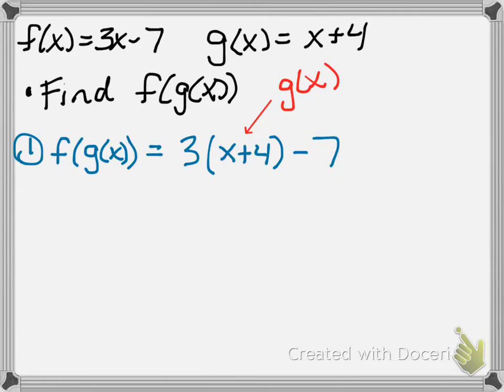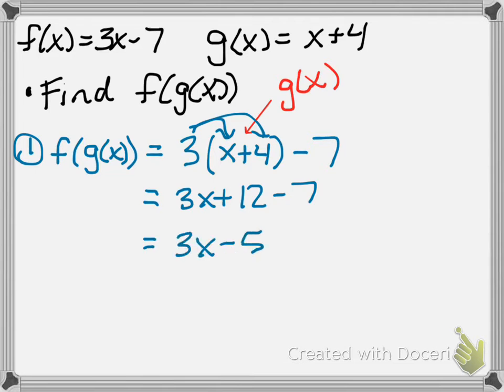So I had the function f of x, I copied it down, and then instead of an x, which I had in the original f of x, I put what g is. So instead of the input being x, now it's x plus 4, which is g of x. Now I need to distribute. So I have 3x plus 12 minus 7, which equals 3x minus, ooh gosh, I lied. It equals 3x plus 5.